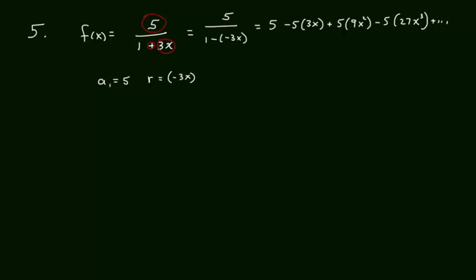Now that's not always true. It's only true for certain values of x, and that's going to be true on some interval of convergence. So this is going to be between negative 1/3 and 1/3. No equals here. If it equaled 1/3, well, then it would be a divergent series.